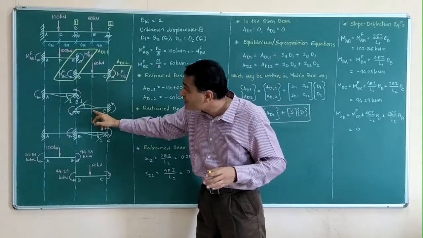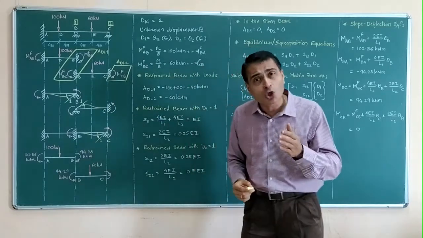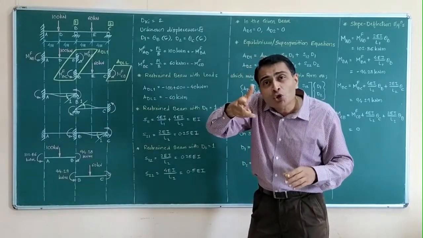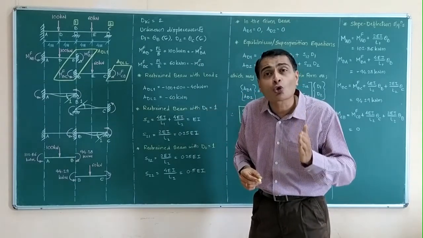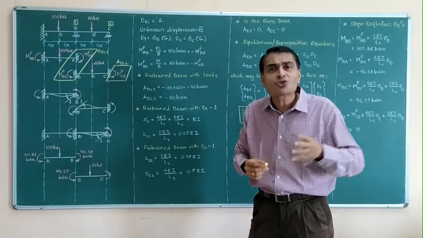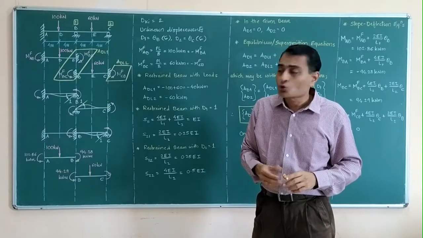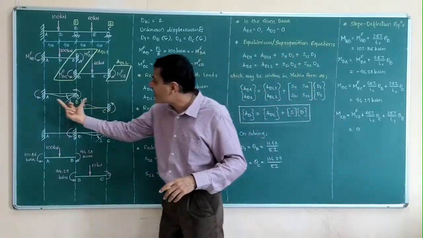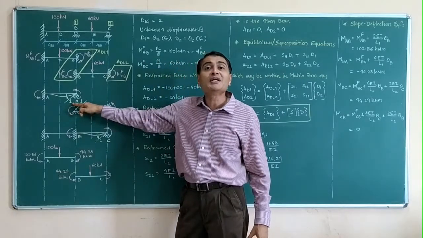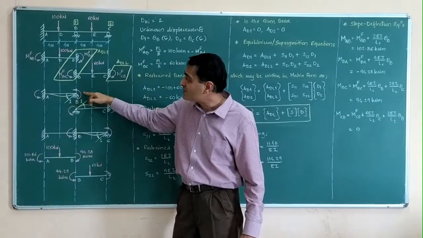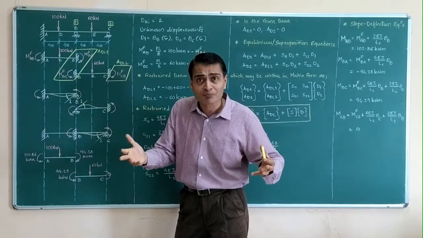So what we are doing in this diagram, at node 1, means at joint B, I am imagining unit anti-clockwise rotation, one radian rotation anti-clockwise, because anti-clockwise is positive as per our sign convention. So that is what I have shown. This is segment AB, to which you can clearly see I have given unit anti-clockwise rotation, and this is the corresponding moment, which is nothing but stiffness.